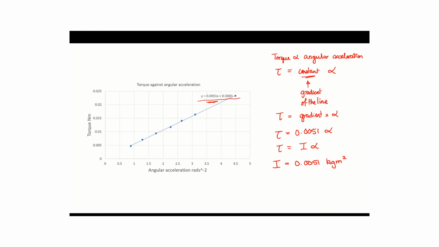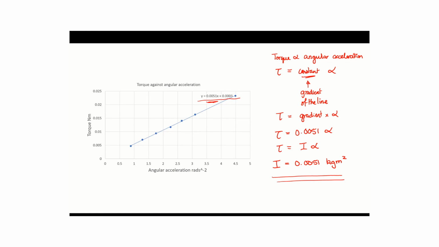So the inertia of this bar system, the bar with the two masses attached to the ends, is 0.0051 kilograms meters squared. And that is how you can work out the inertia from an experiment, from taking experimental measurements of something that is spinning.